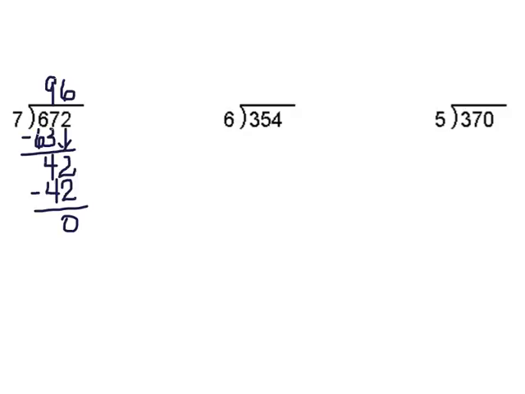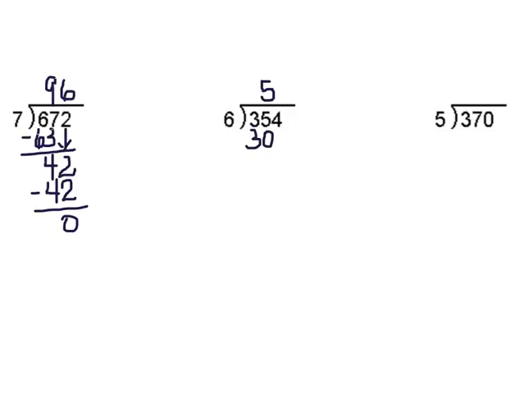So let's look at our next problem. 354 divided by 6. Will 6 go into the 3? No. But will 6 go into 35? Yes. How many times? It will go in there 5 times. So I'm going to put my 5 above that 5 because we said it went into the 35 and not the 3. 5 times 6 is 30.